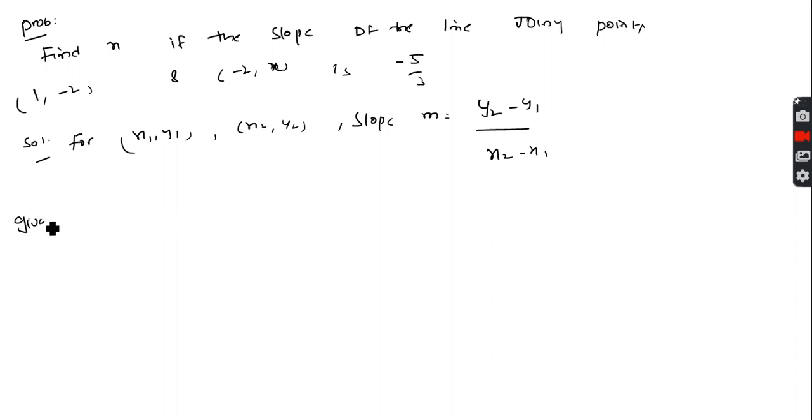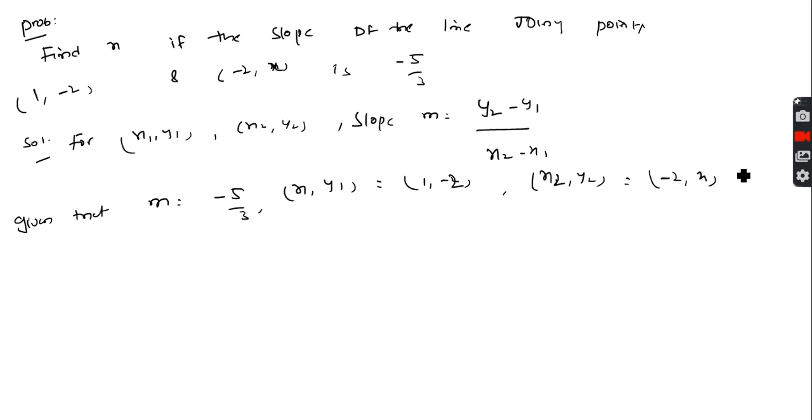So given that, m equals minus 5 by 3, x1 y1 is 1 comma minus 2, and x2 comma y2 is minus 2 comma x. What we have to find is x. If I take this as 1 and this as 2, substitute 2 in 1.